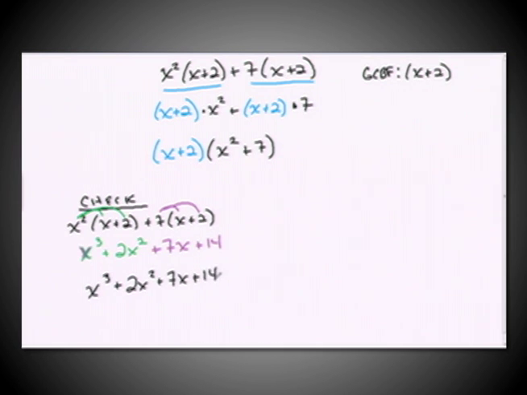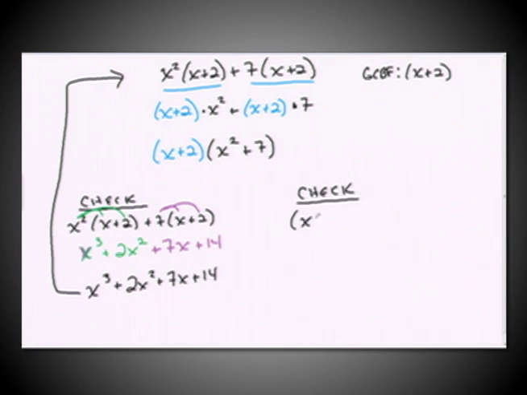So this shows that this particular polynomial is what we get up here. And now let's check and see if we get the same polynomial from our final factored form here. So I'm going to multiply x plus 2 times x squared plus 7.